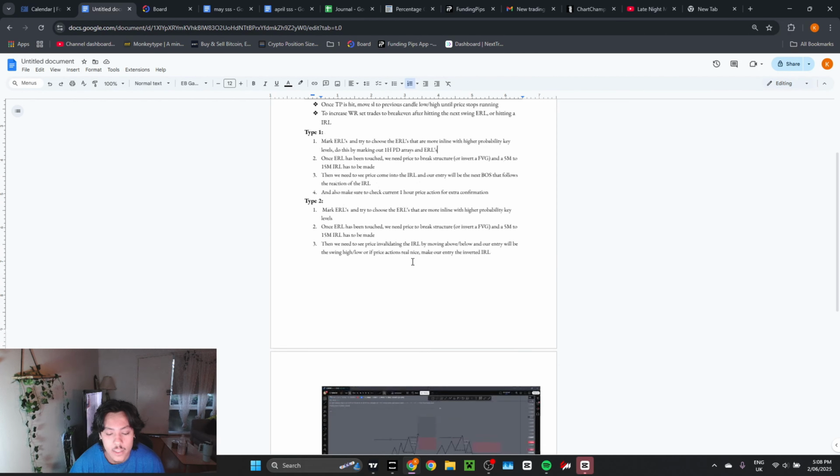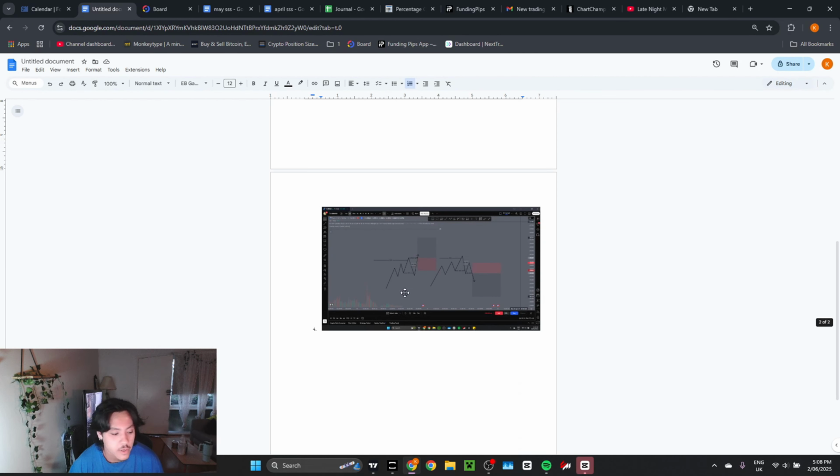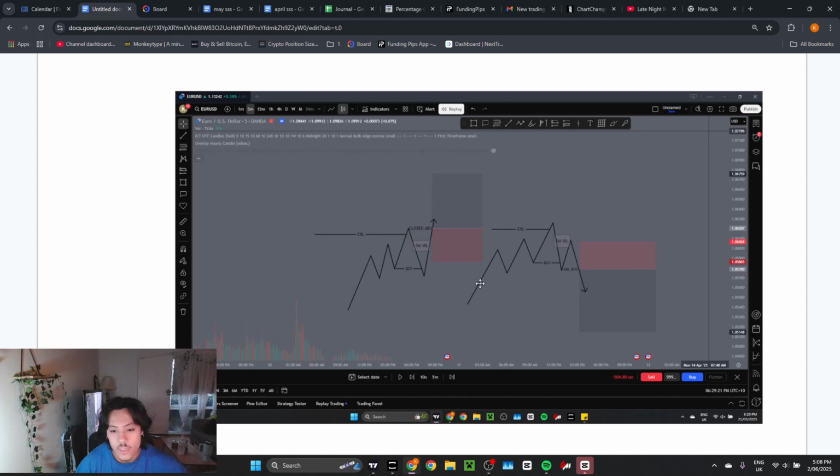And I like to see price trade into that, break structure, create a 5-minute or 15-minute IRL, and then close above that, and then entry will be the close above the swing high. That is type 2 of my strategy.